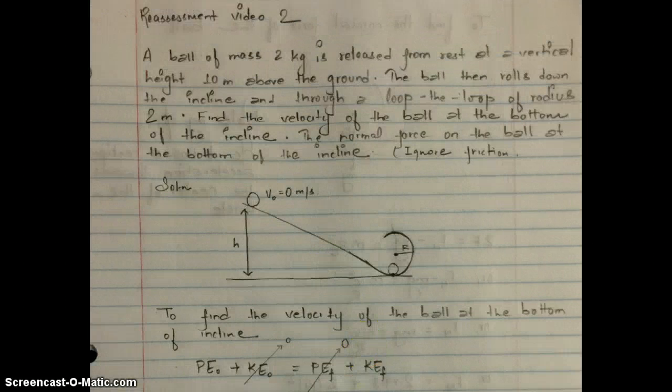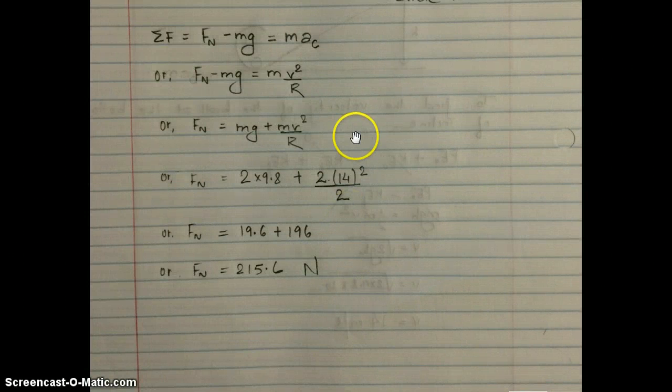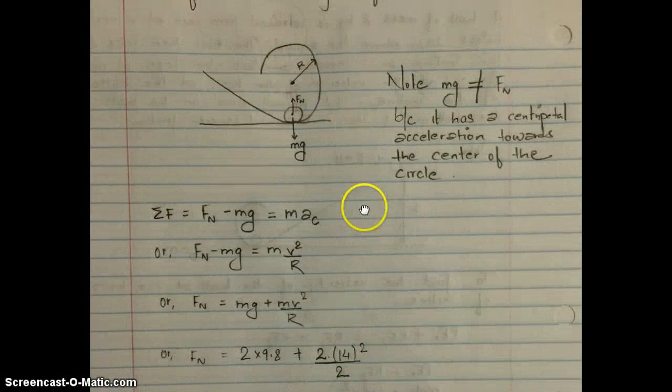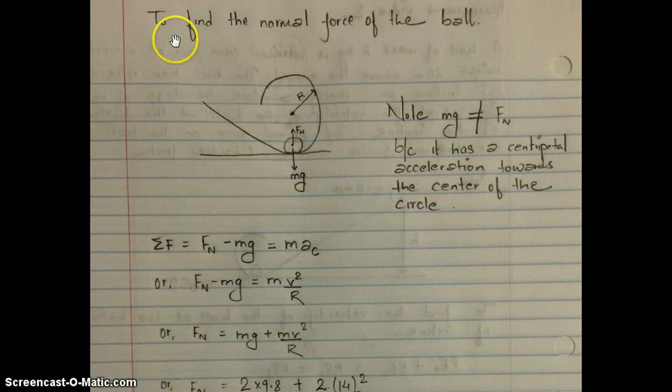Now the next part of our question is a little difficult to understand. It's asking us to find the normal force of the ball. Now the forces acting on the ball are the normal force right there, and the mg, which is acting in the downward direction. But there is a trick here.